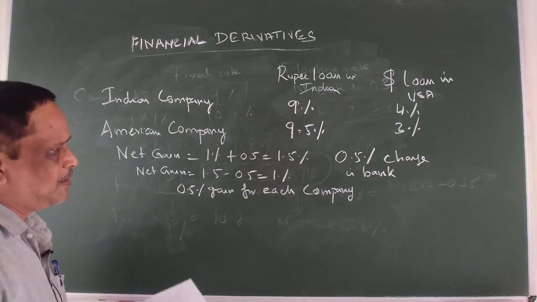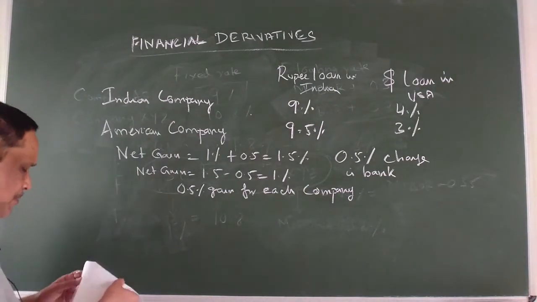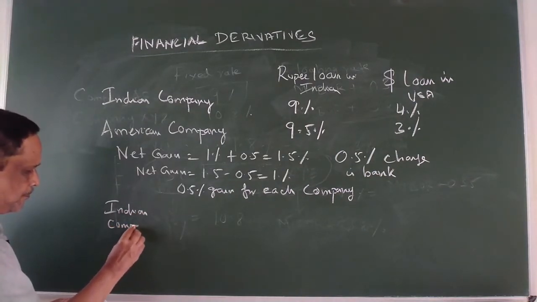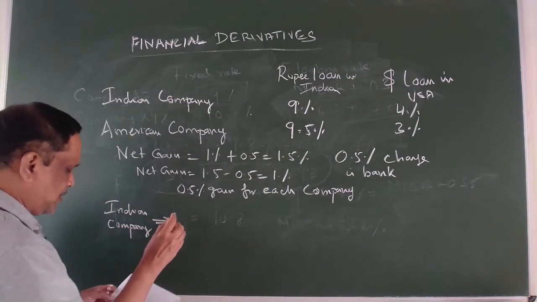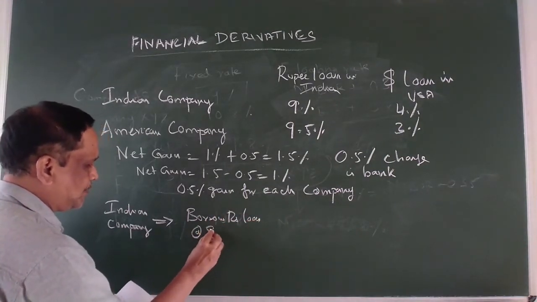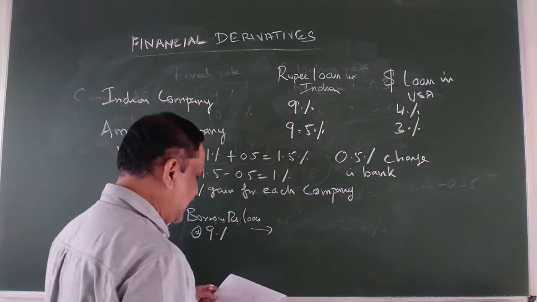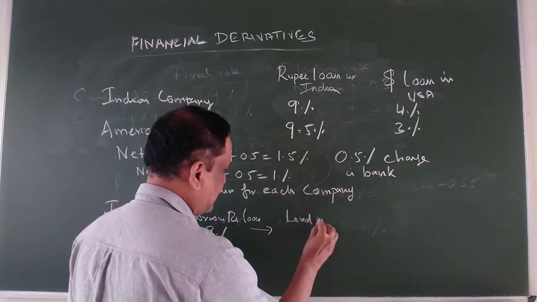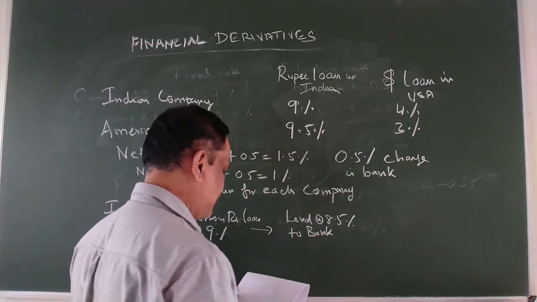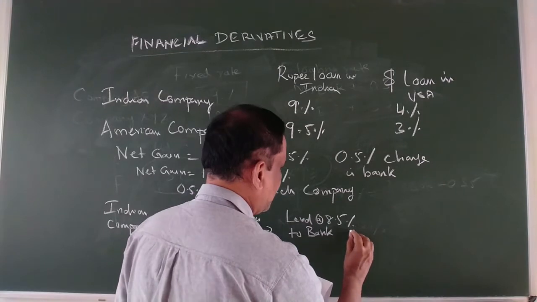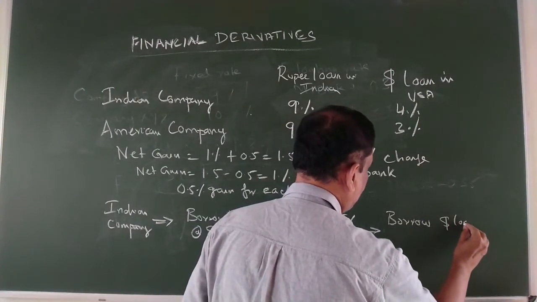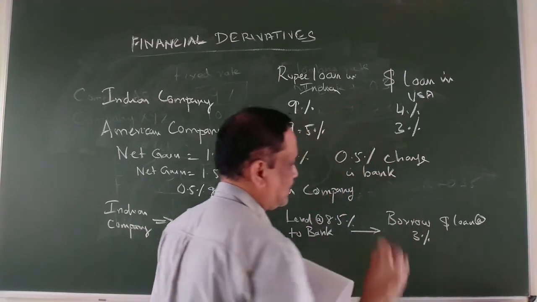So, in this case, let us see how the transaction will take place. The Indian company will borrow a rupee loan at 9% and lend it at 8.5% to the bank, and the Indian company will borrow a dollar loan at 3%.